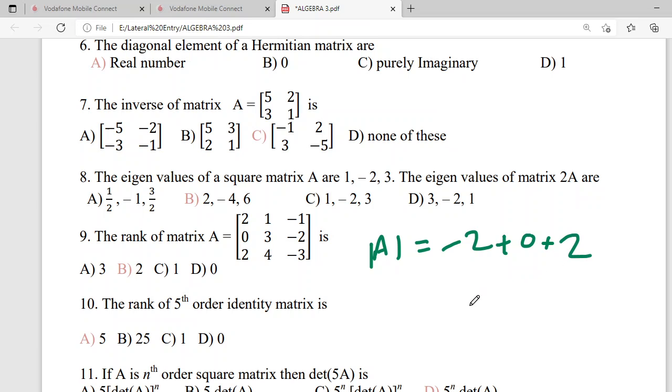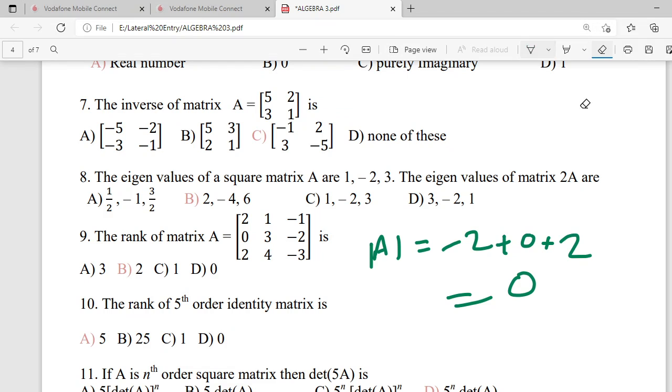So this is 0. So according to the definition of rank, it cannot be of rank 3. Then you consider any one submatrix of order 2. Suppose we consider 2 1, 3 0 3. This will give you 6 minus 0, so this is a non-zero value. So this is the maximum order having a non-zero submatrix, so the rank is 2.